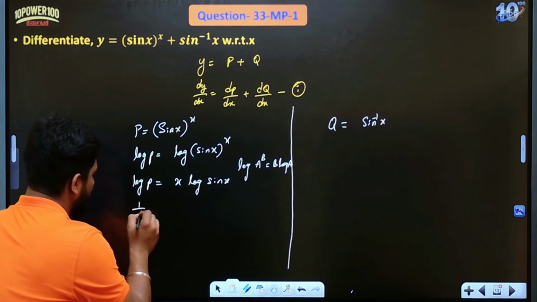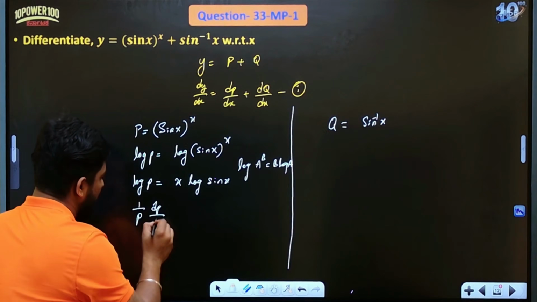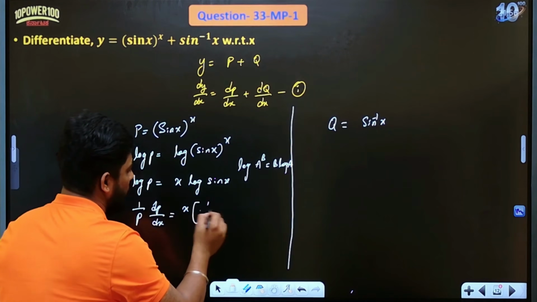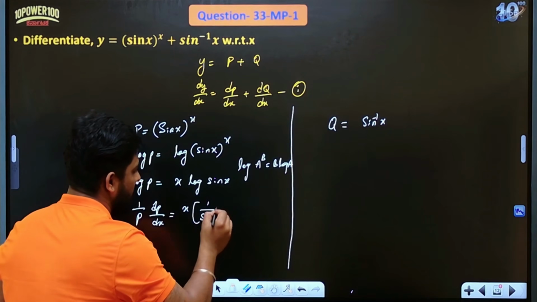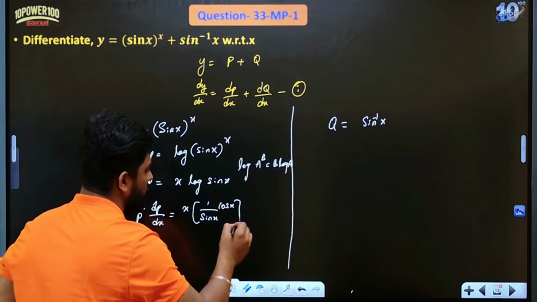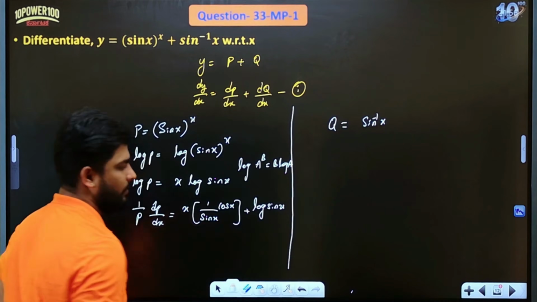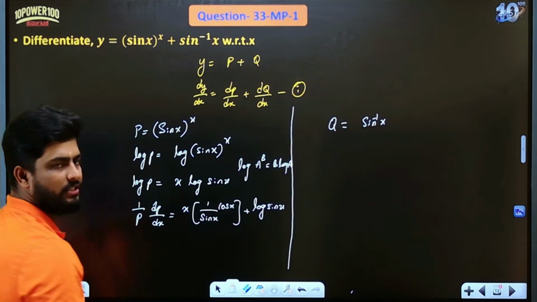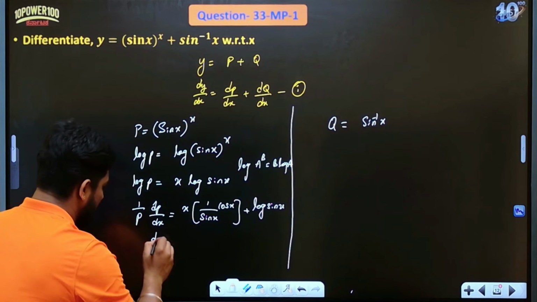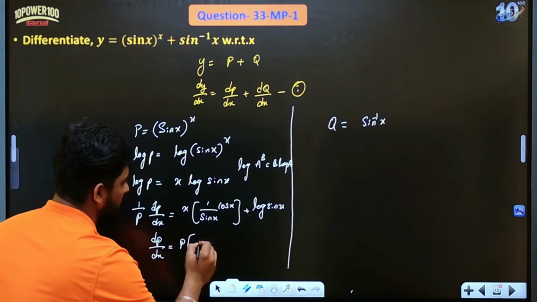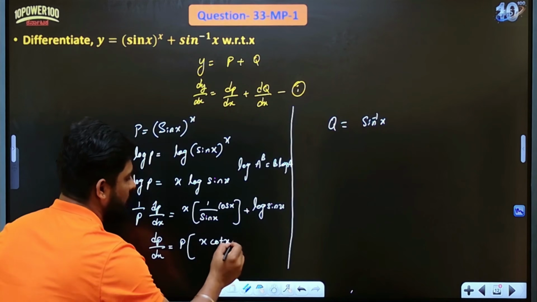So it is 1 by p into dp by dx is equal to, here the product rule: x into 1 by sin x into cos x, plus log sin x, and x differentiation is 1.